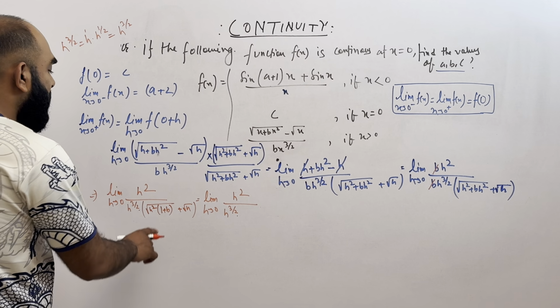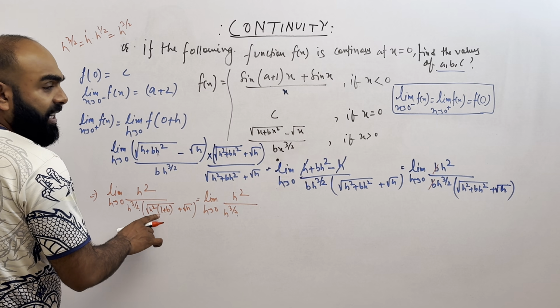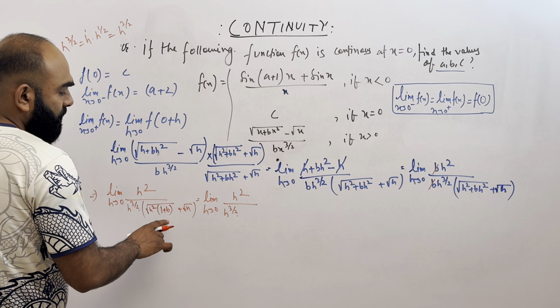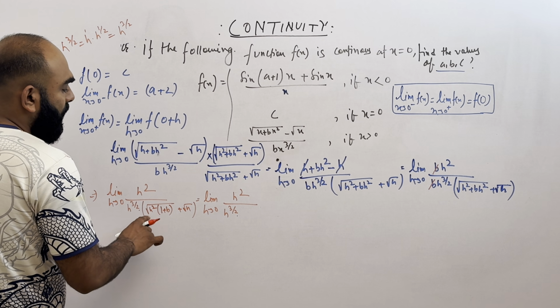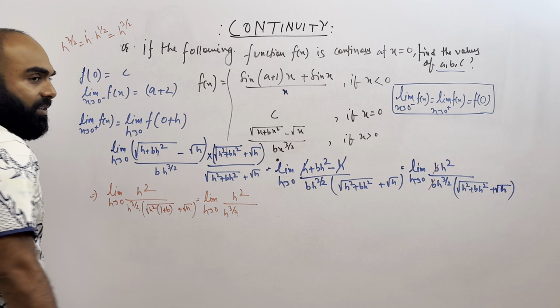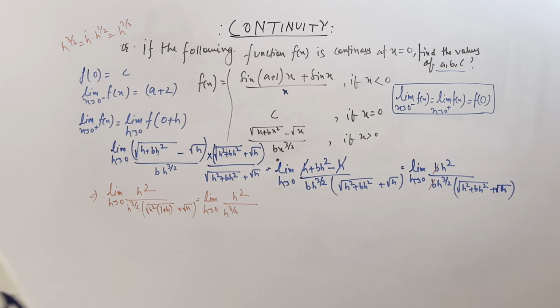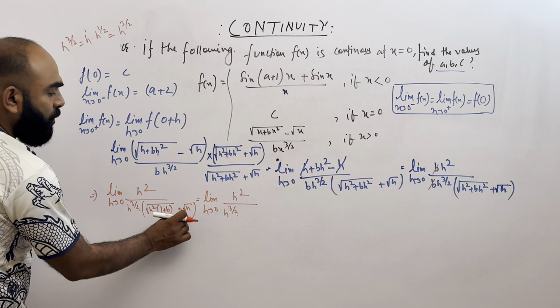Take one h from here and take one outside, which means this h is written as h into h. So can I take 1h outside? If I take 1h outside, it will be root h plus 1. Are you getting this point? Please note it down. From here I will take 1h because root h is there.